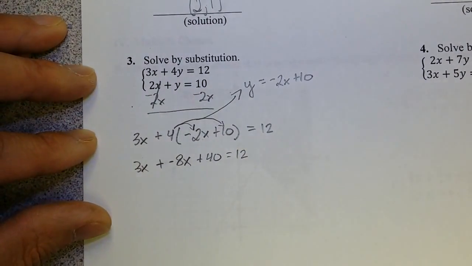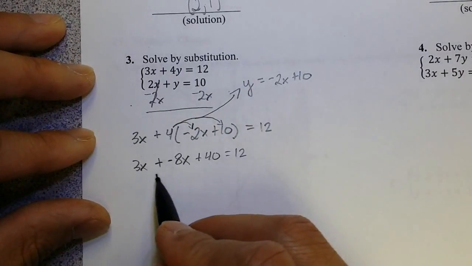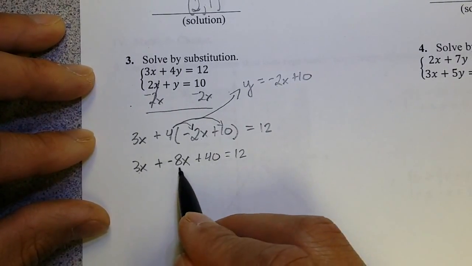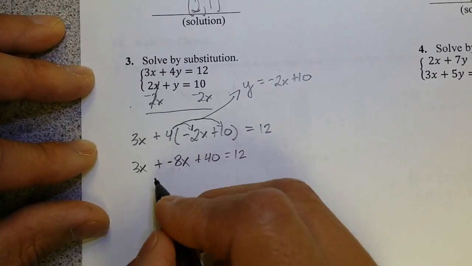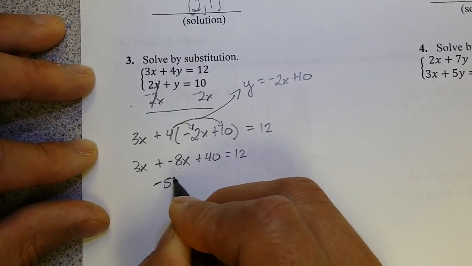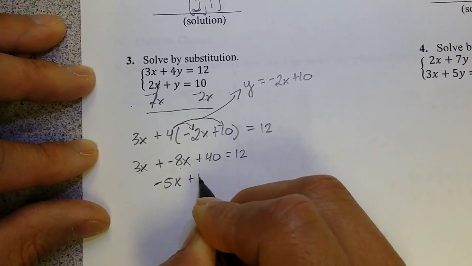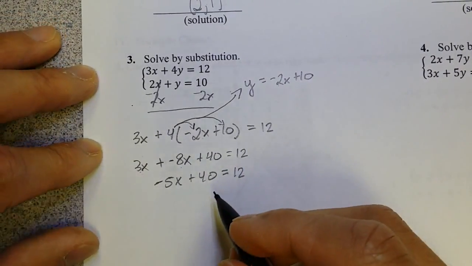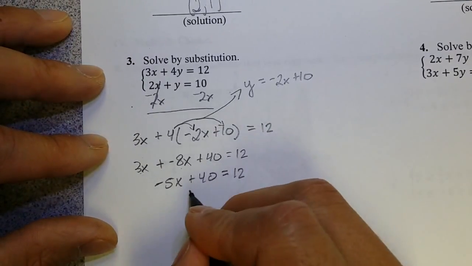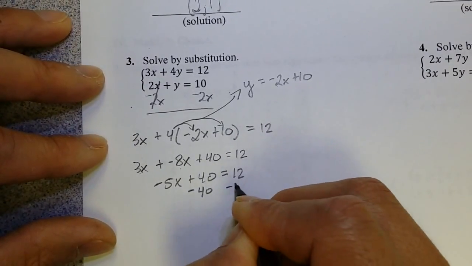Equals 12. Now I'm going to combine like terms. Well, there's 3x and there's negative 8x. I can combine these two and you get negative 5x plus 40 equals 12. Now I just solve for x. Well, subtract 40 from both sides.